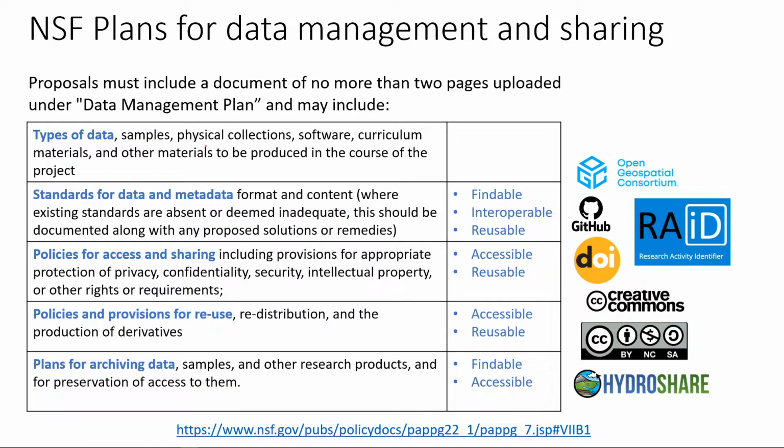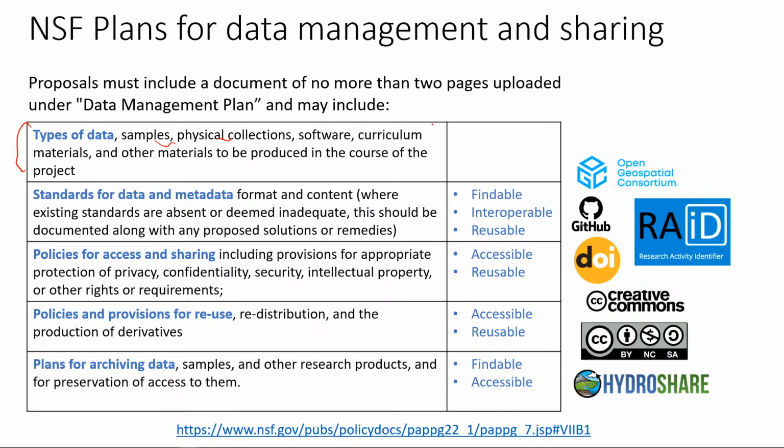If you are doing physical collections, like water samples, or collecting a core by drilling, software, curriculum material if you're doing education, and other material to be produced in the course of the project, like reports, which would be PDF, presentations, which could be PDF or PowerPoint, Python code, which could be a Jupyter notebook, AutoCAD drawings, which would have an AutoCAD extension, GIS maps, not drawings, with a GIS extension, and so on. So that's the type of data.